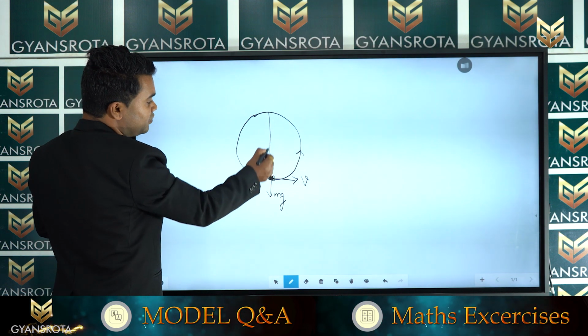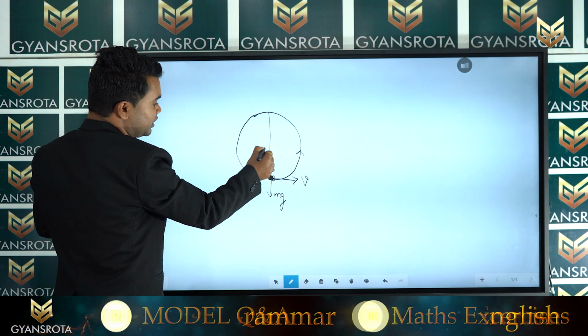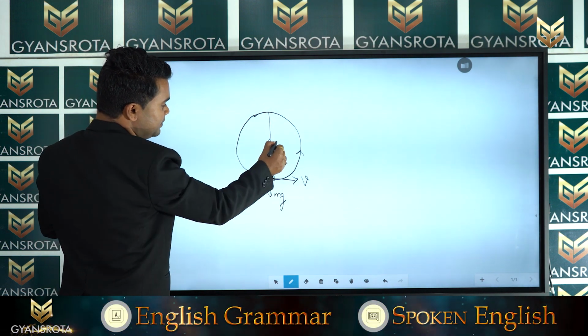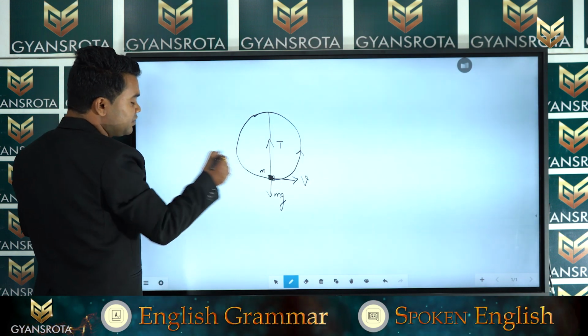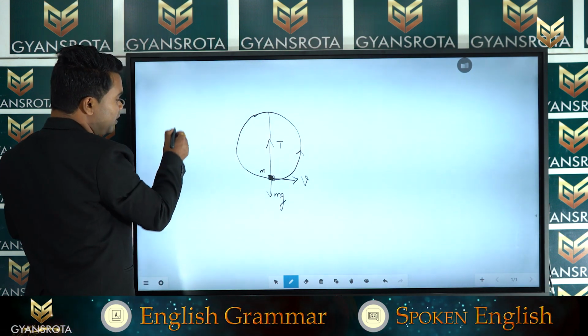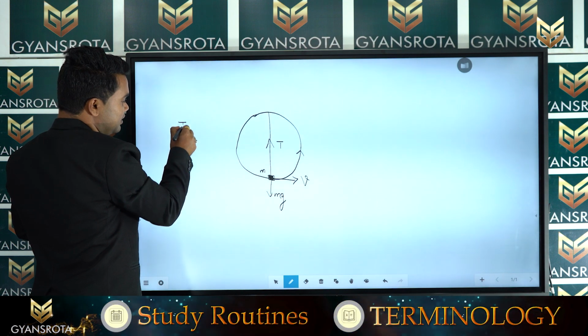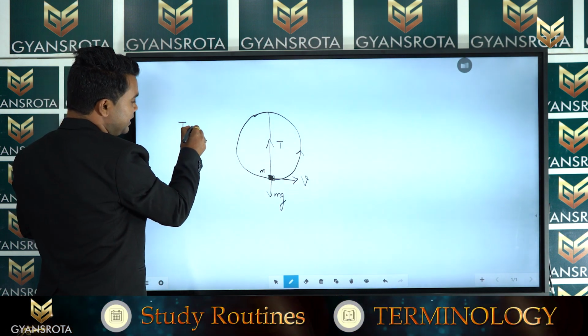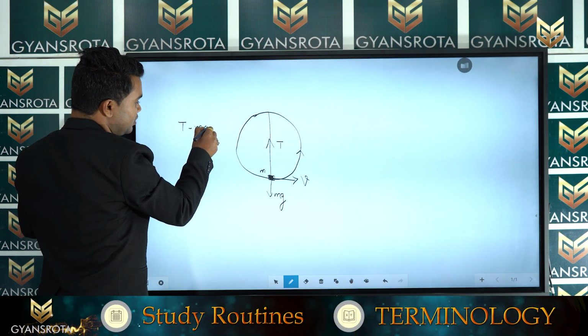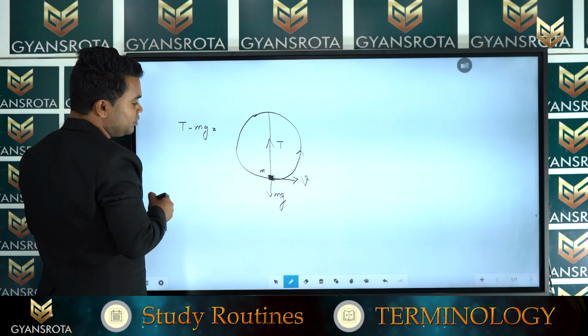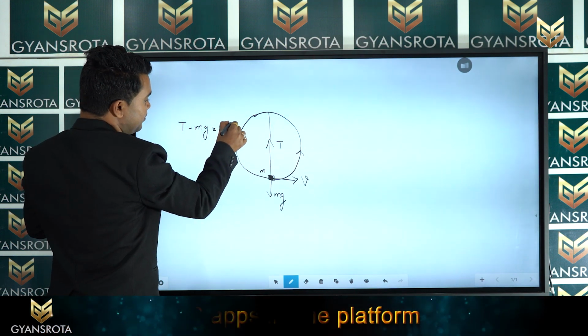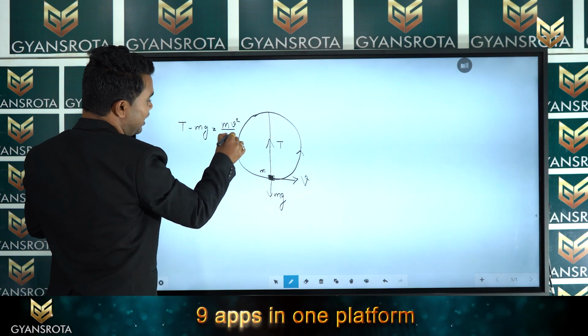Now what is the force which will act on this string? That is the tension force T. Now this tension force T will be equal to what? T minus mg will be equal to mv square by r.